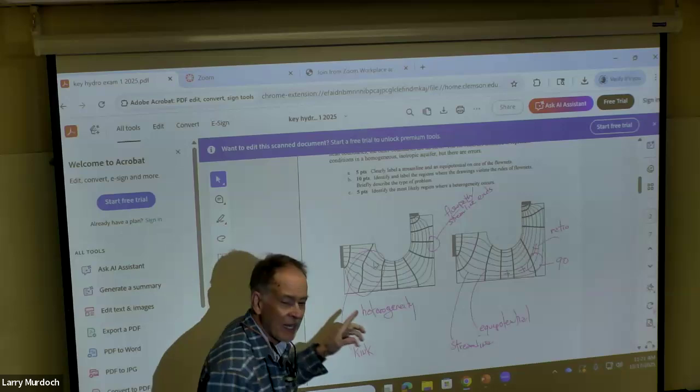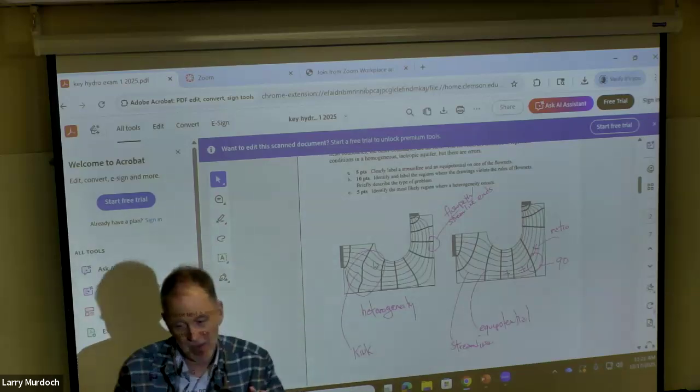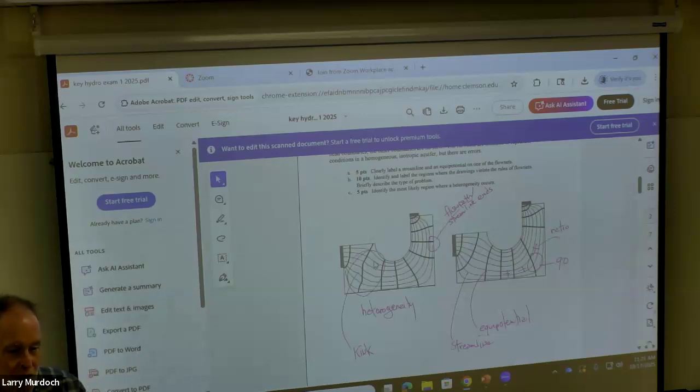The heterogeneity was probably the one that caused the most confusion. Remember when we talked about heterogeneity, a heterogeneity is a change, a contrast in the hydraulic conductivity. And that causes the equipotentials and the streamlines to basically diffract, so there'll be a kink.